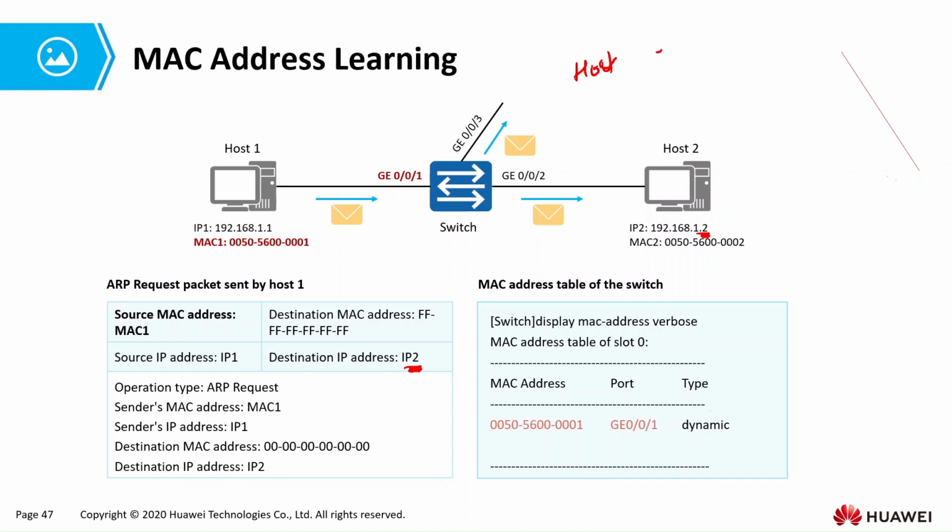Okay, but before that, look here. When you send the ARP request, your switch will start to learn your MAC address and update its MAC address table. So it will learn G001 based on the source MAC address, which should be MAC 1 here.